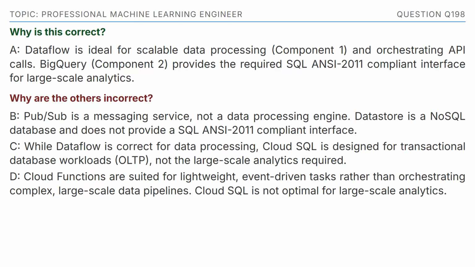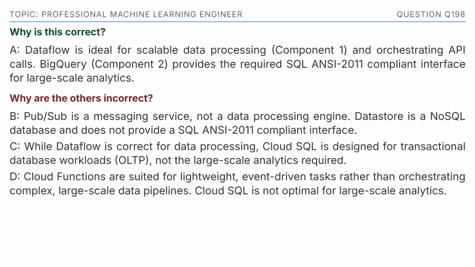Why is this correct? A. Dataflow is ideal for scalable data processing, Component 1, and orchestrating API calls. BigQuery, Component 2, provides the required SQL ANSI 2011 compliant interface for large-scale analytics. Why are the others incorrect? B. Pub/sub is a messaging service, not a data processing engine.